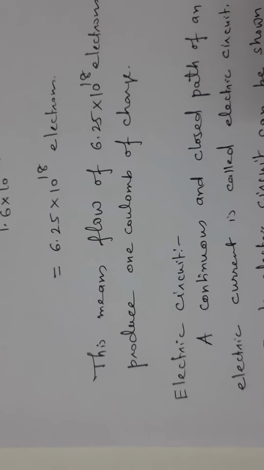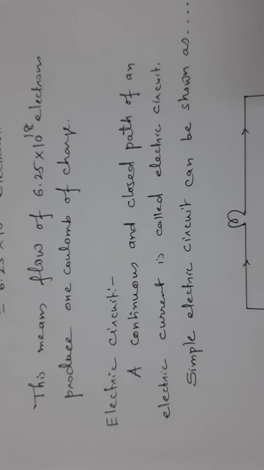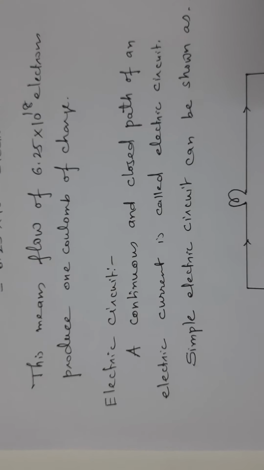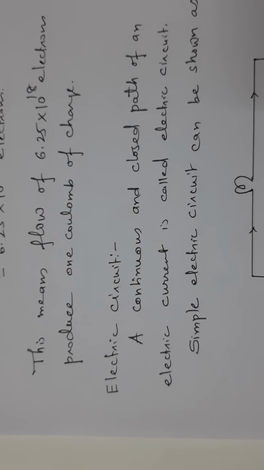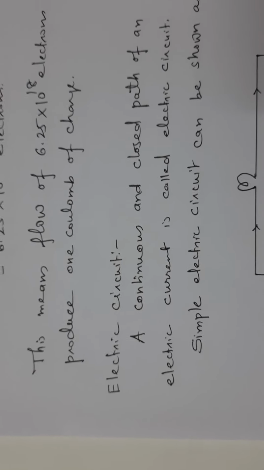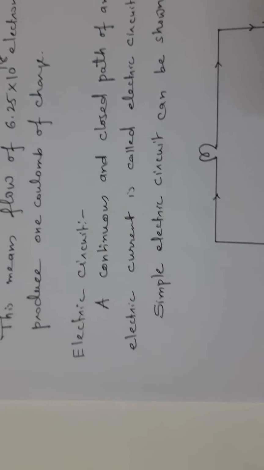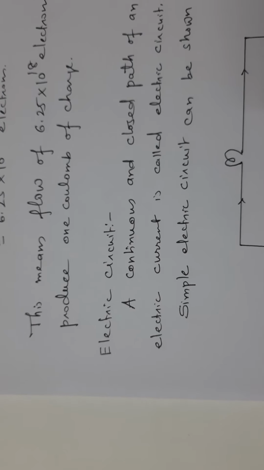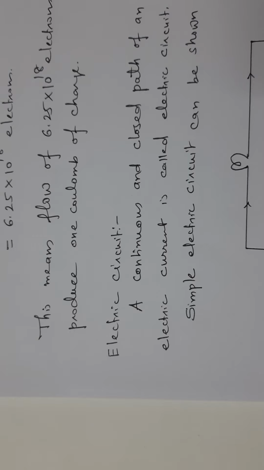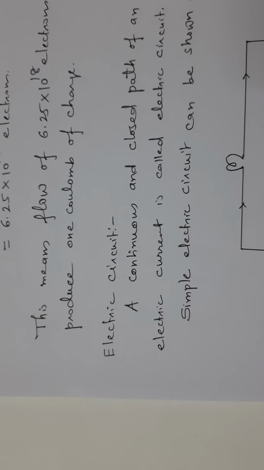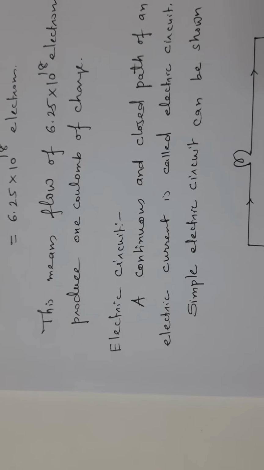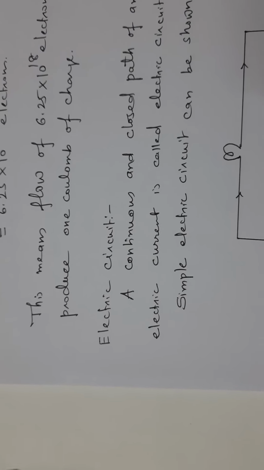Then comes what is an electric circuit. A closed continuous path of an electric current is called an electric circuit. Now you already know that electrons move from the negative terminal to the positive terminal, and protons move from the positive terminal to the negative terminal.